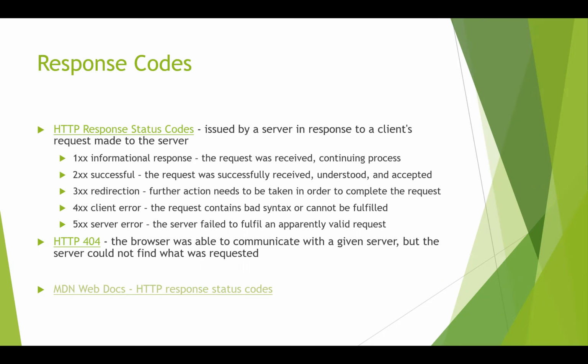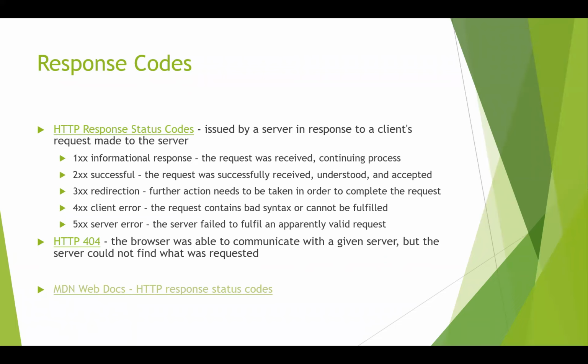And instead of thinking of this in terms of severity, you want to think of these response status codes as indicating how far along you are in the process, which can be determined by the level of the response status code. In other words, a 100 level response is generally pretty early on in the process. A 200 level response is going to be, again, another step in the process.